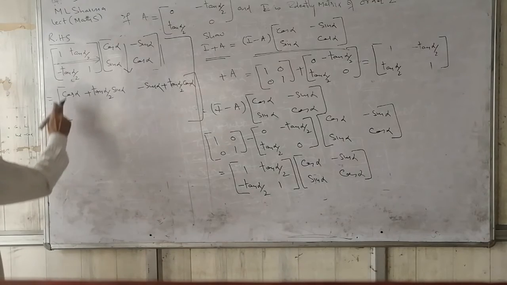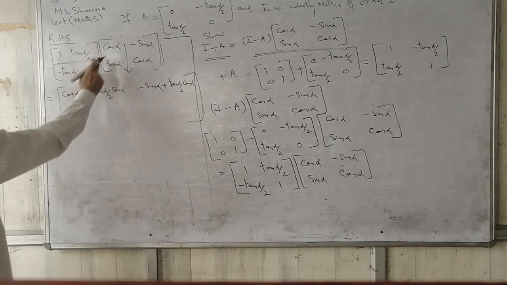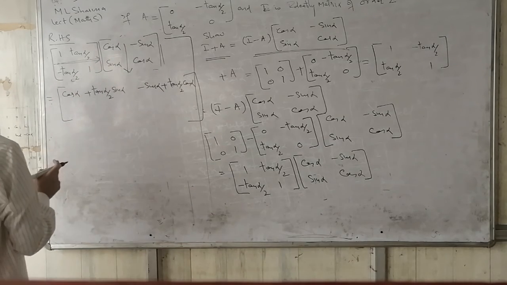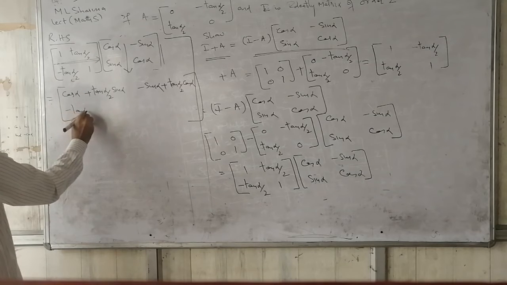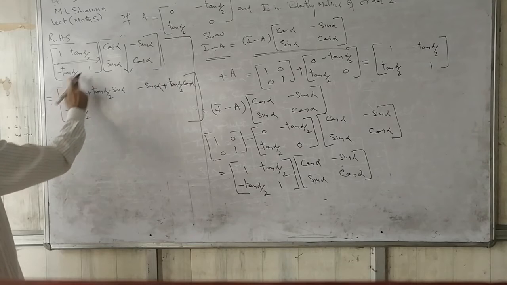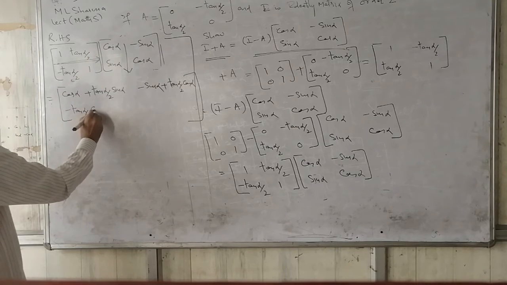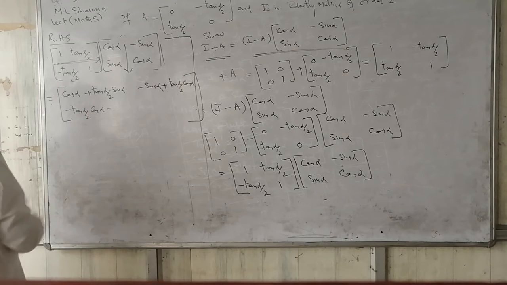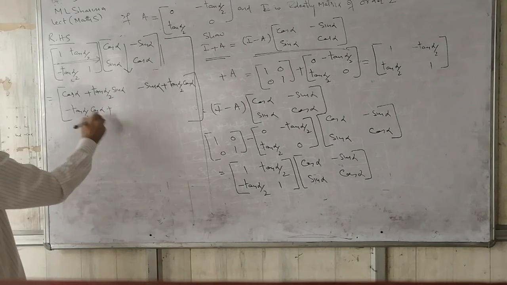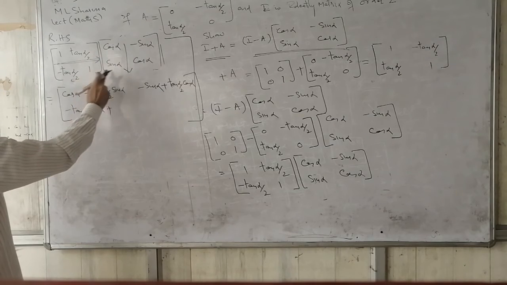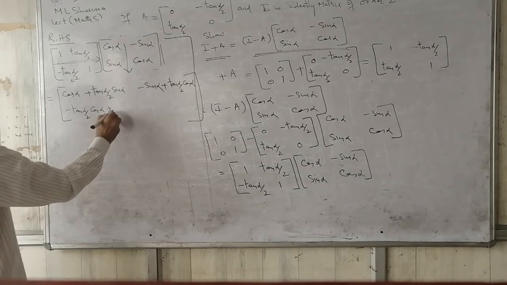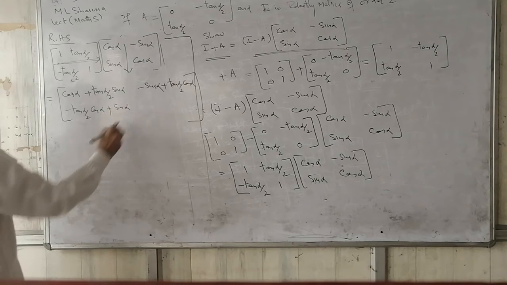Second row: minus tangent alpha by 2 multiplied by cos alpha, then plus this multiplied by this, which will give sin alpha.